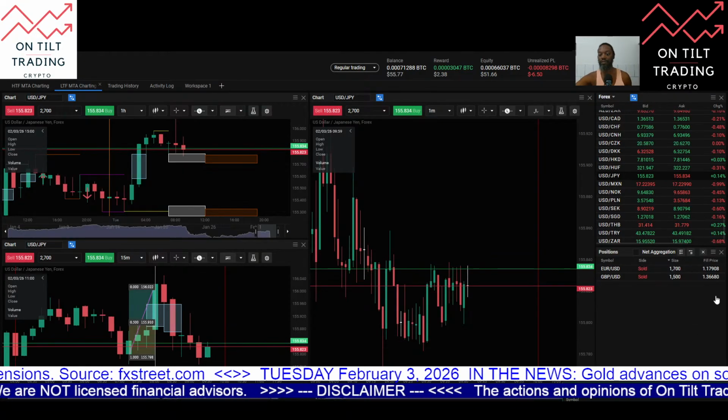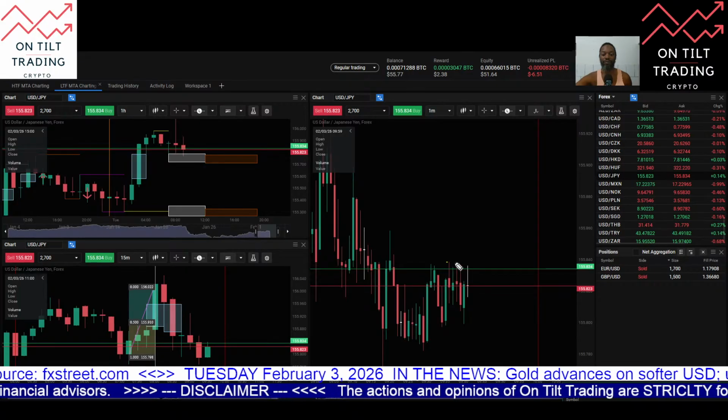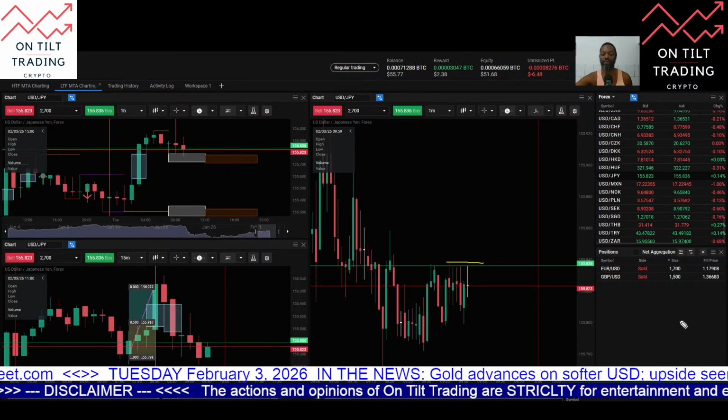So price testing this shift level here, pulling back.